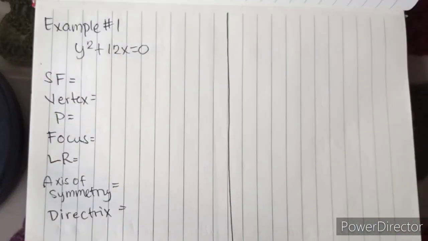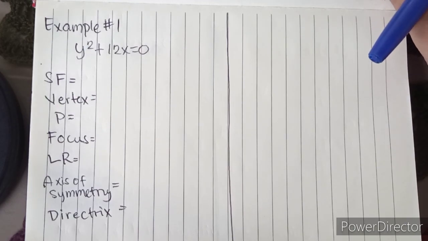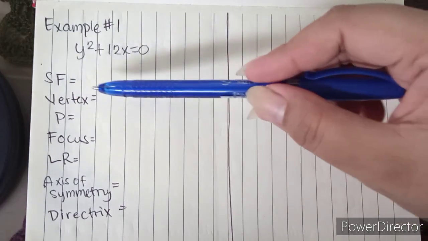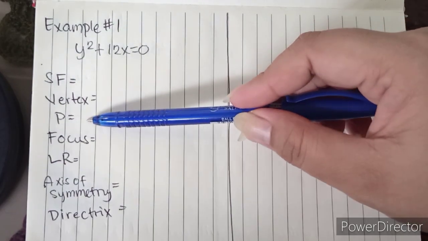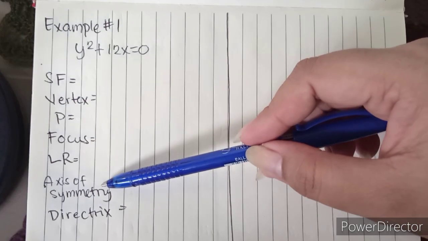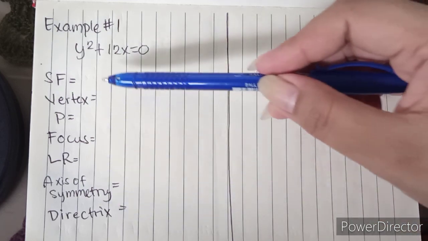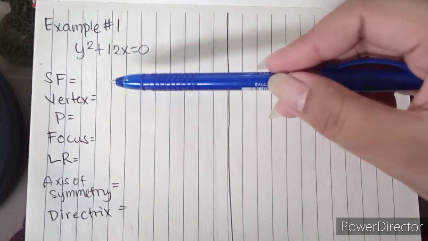So example number 1. Okay, so we have a given here, equation. So we have y squared plus 12x is equal to 0. So, hahanapin daw natin yung kanyang standard form, the vertex, the value of p, the focus, the latus rectum, axis of symmetry, and directrix. So, first, hanapin muna natin si standard form.